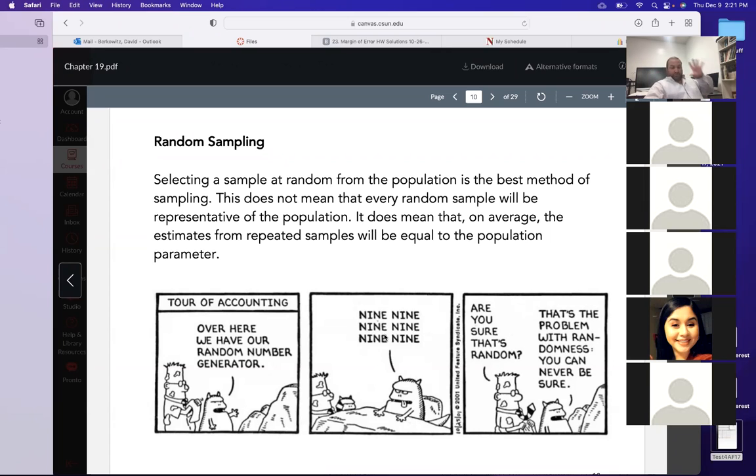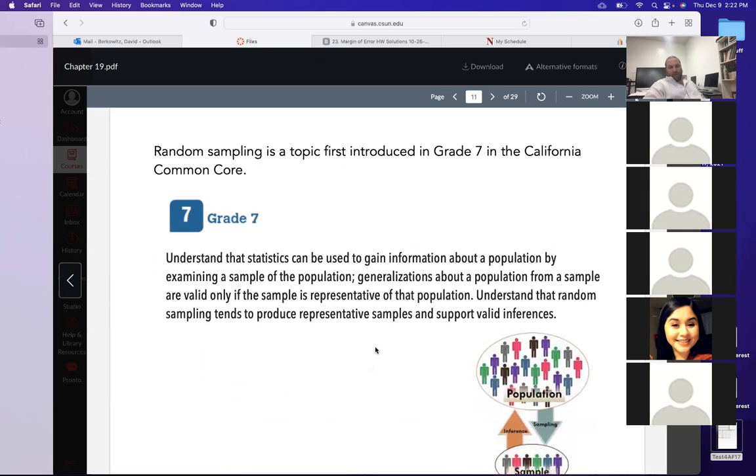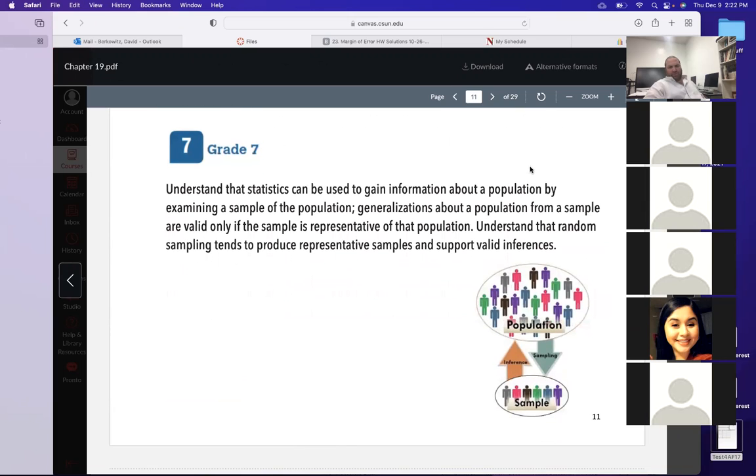So it's very difficult for the human mind to construct a random sample. Better to let it be done by chance. Put everything in a hat, shake it around, pick them at random, use a random number generator, and so on. And of course, this grade 7 curriculum requirement is understanding how we can use a sample to make an inference about the population, right?